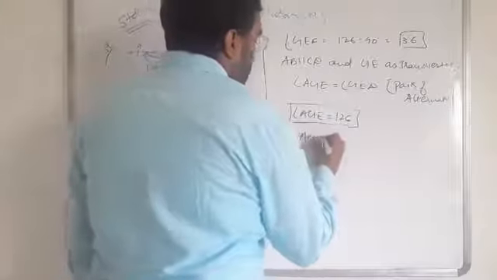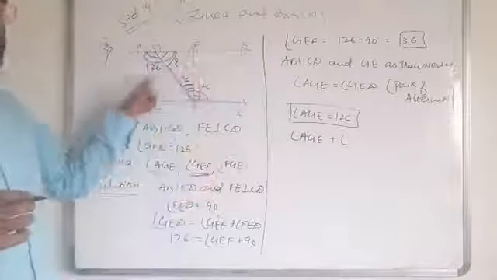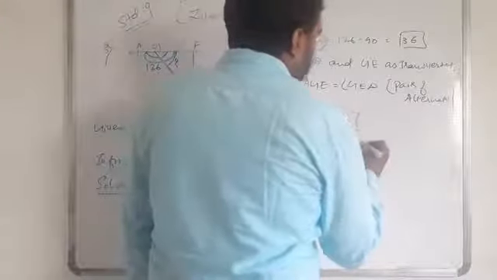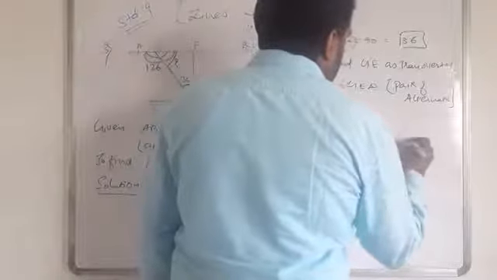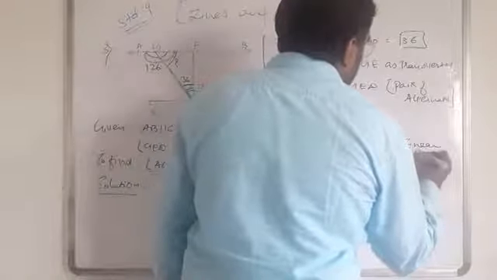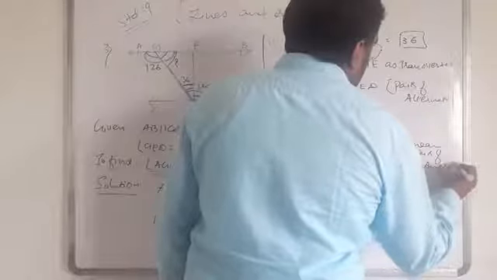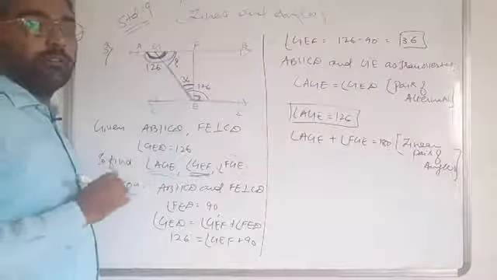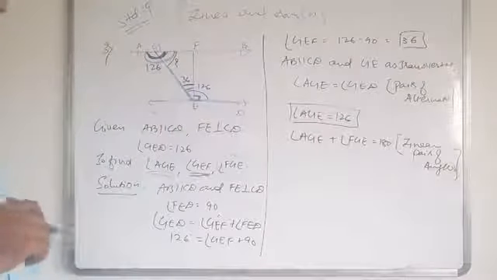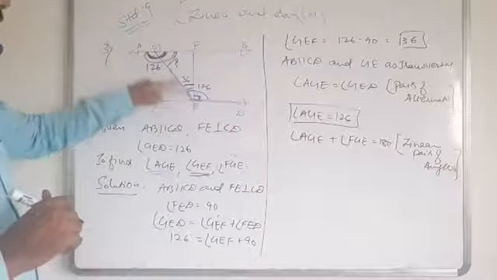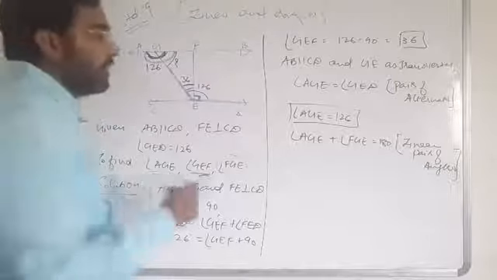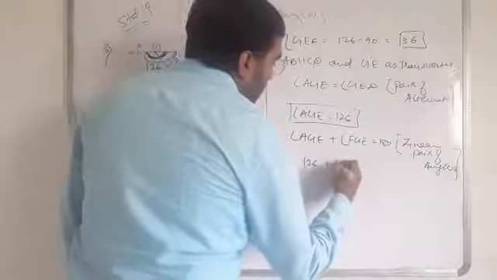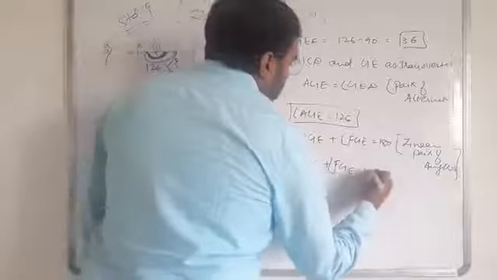Therefore angle AGE plus angle FGE is equal to 180 degrees, because a linear pair of angles makes 180 degrees. AGE is 126, plus FGE is equal to 180 degrees.